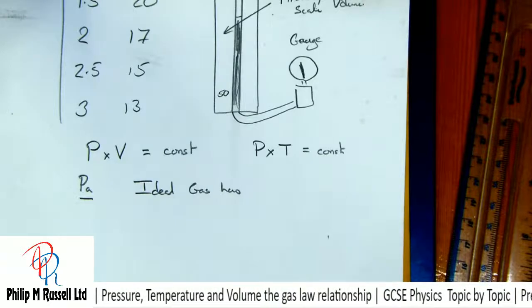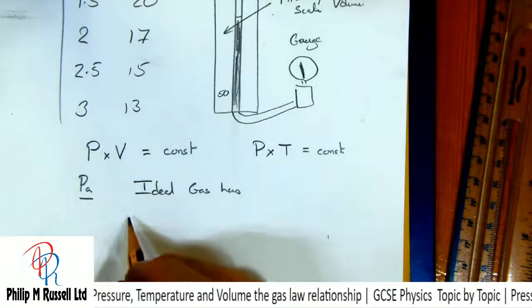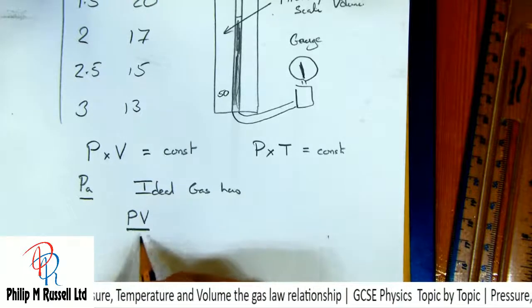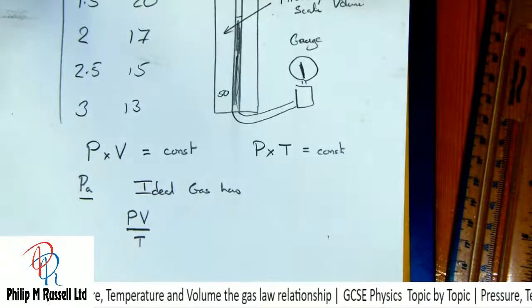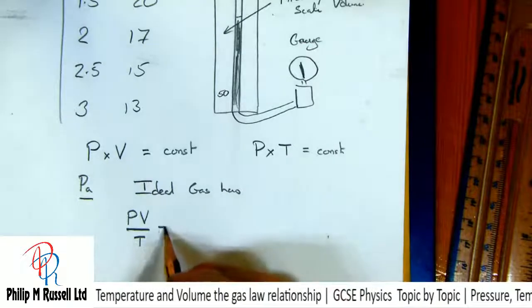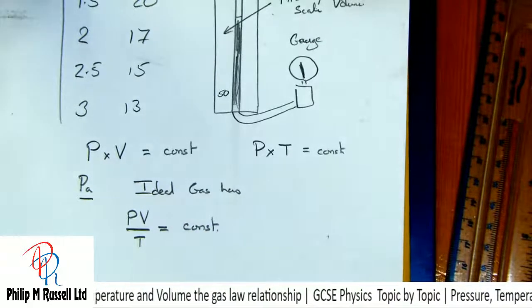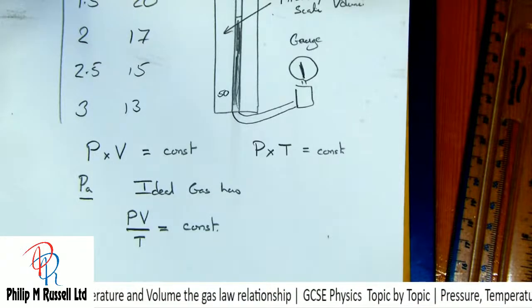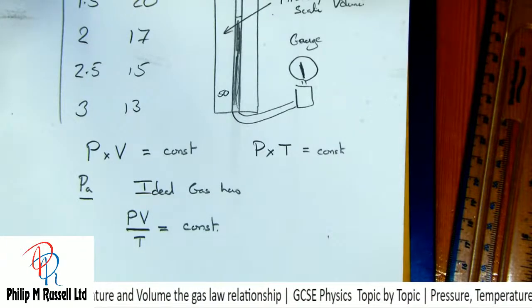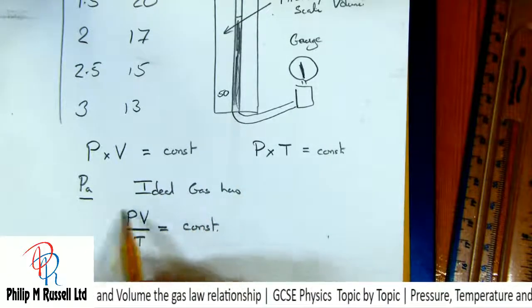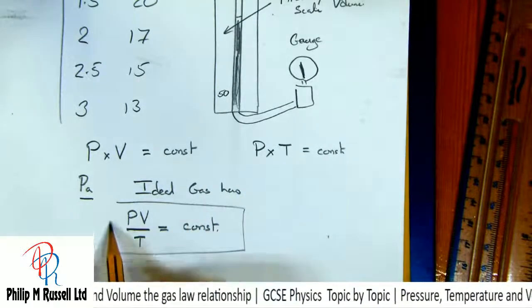And if we take it, basically we get this idea that pressure and volume divided by temperature here equals some sort of constant. And this is what we use to try and measure things. So this is our relationship.